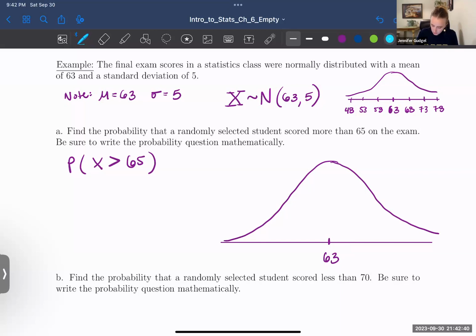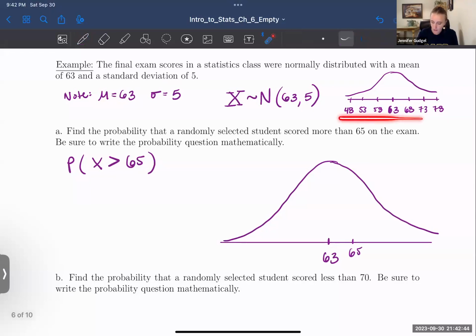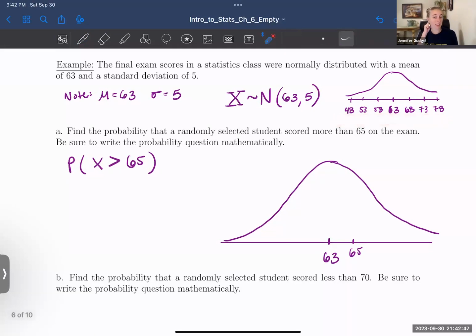And if I was asking you to sketch this, I wouldn't expect it to be perfect. Sure, you can write out the 3 on each side to double check that we can't use the empirical rule. But past that, we have 65 marked, and we want the values to be more than 65. We are looking for this area over here, more than 65.